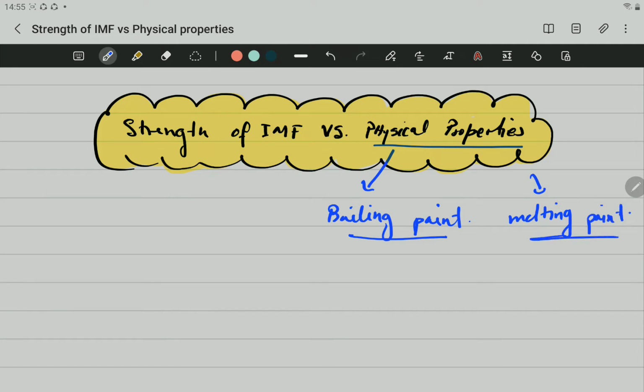These two terms we already did in grade 10, but we are going to be talking about melting point and boiling point. So let's begin by writing down the definition of boiling point and melting point.